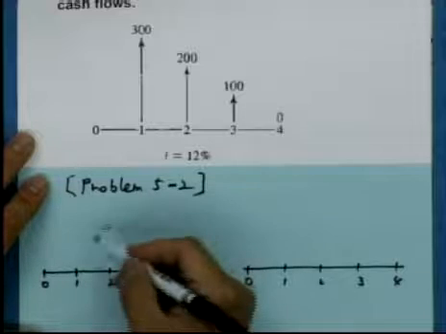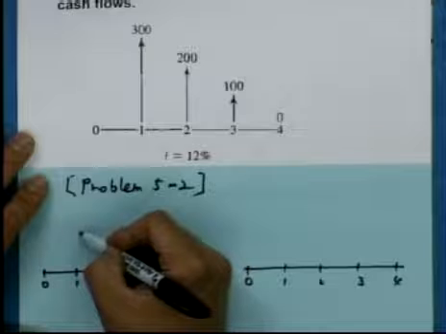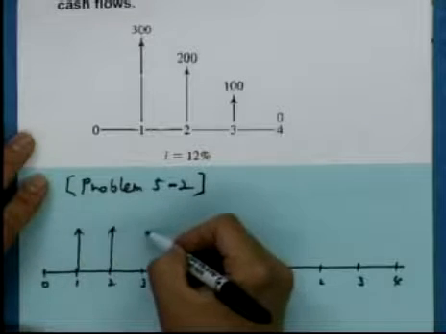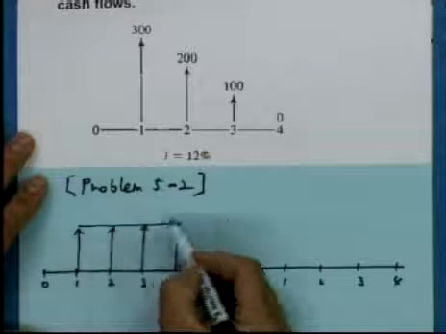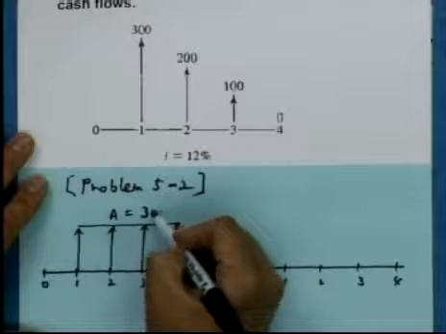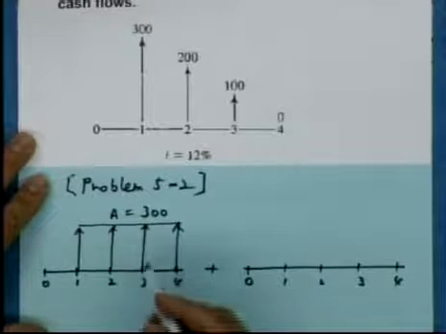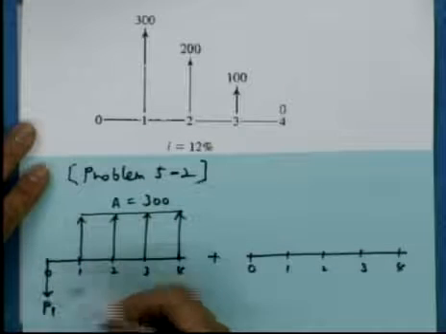And here we have a uniform annual series of $300. So we have 300 down here. And let's set the present sum of money, P sub 1.